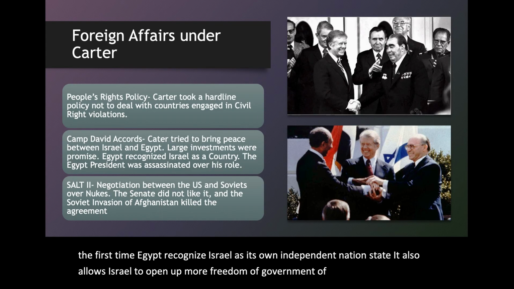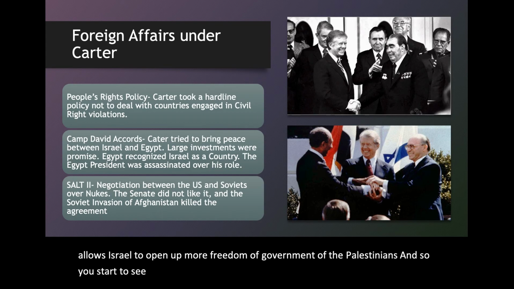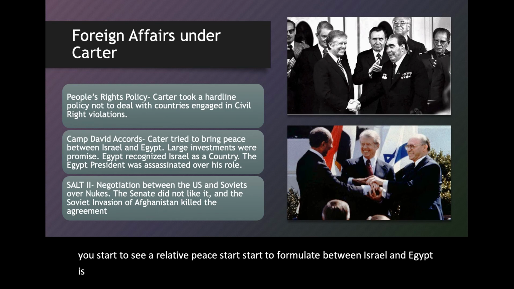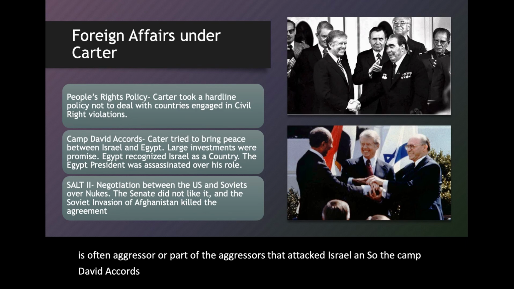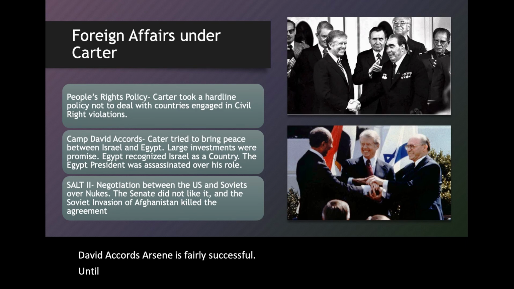And so you start to see a relative peace start to formulate between Israel and Egypt. And Egypt was often an aggressor or part of the aggressors that attacked Israel. And so the Camp David Accords are seen as fairly successful until the Egyptian president goes back home and he gets assassinated for showing support in this Camp David Accords.